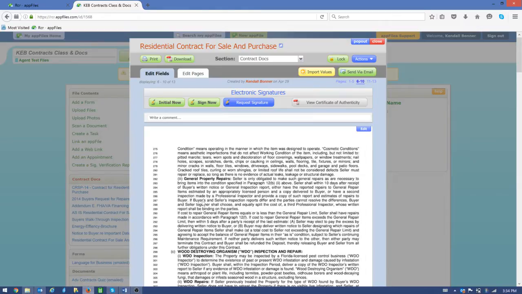so general property repairs. Seller is only obligated to make such general repairs as are necessary to bring the items into the condition specified in 12B2 above, which is working condition.